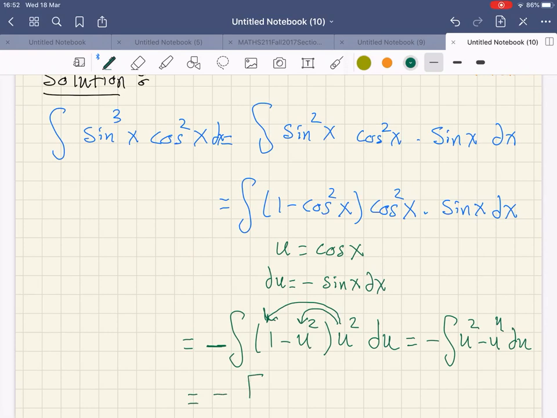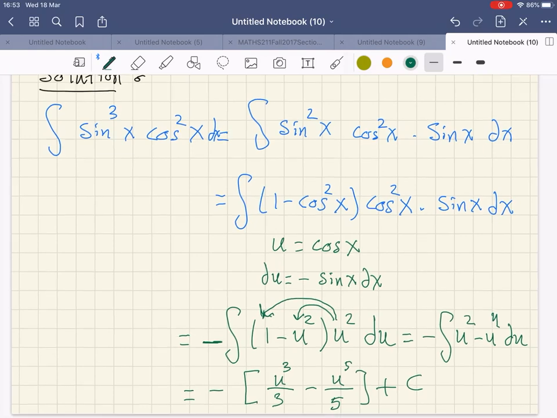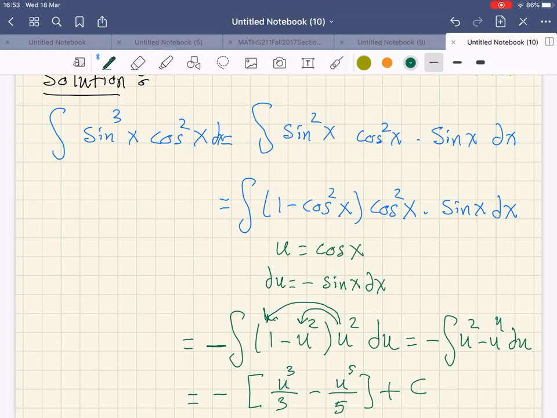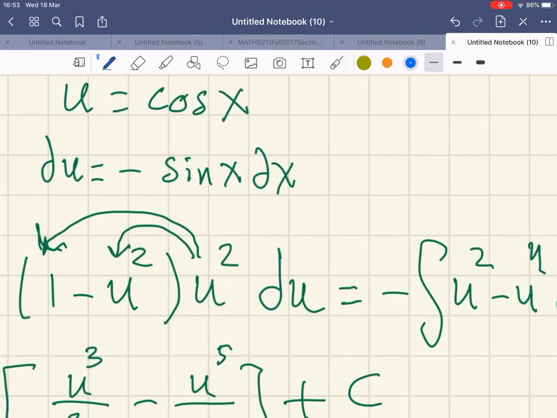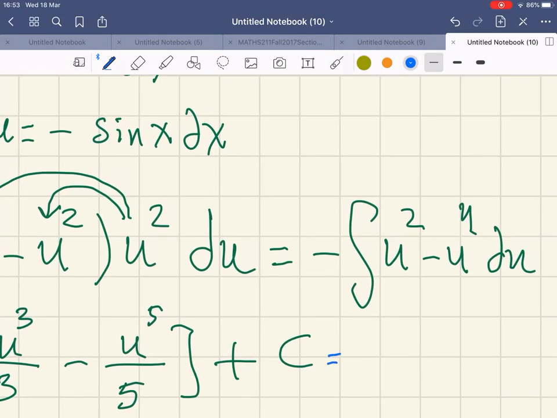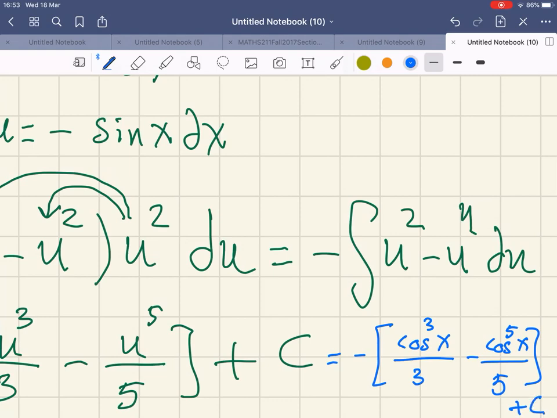So there is a negative, and now we have u cubed over 3 minus u to the power 5 over 5 plus c. The final step is we have to return the u to its origin, which is cosine. So it's negative cosine cubed x over 3 minus cosine to the power 5 x over 5 plus c. And that's the answer.